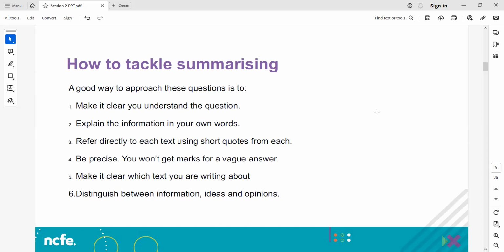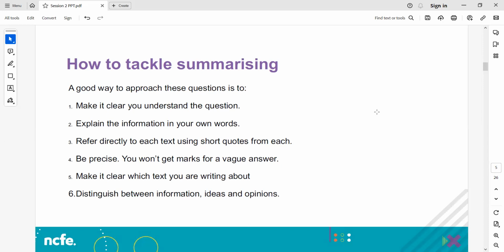Straight away you are showing the examiner that you understand the question in your first sentence. Second, explain the information in your own words.